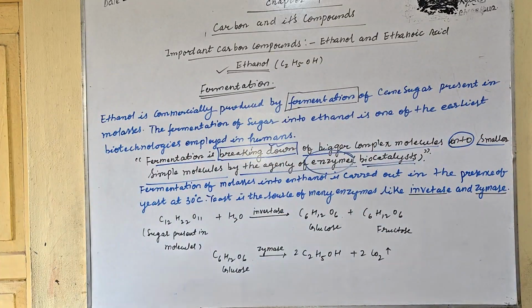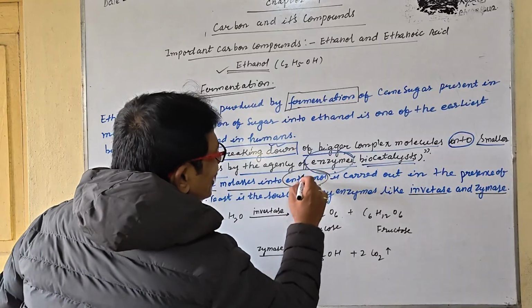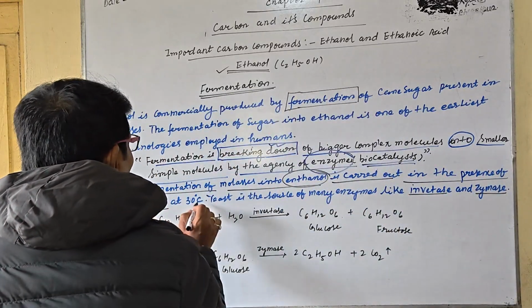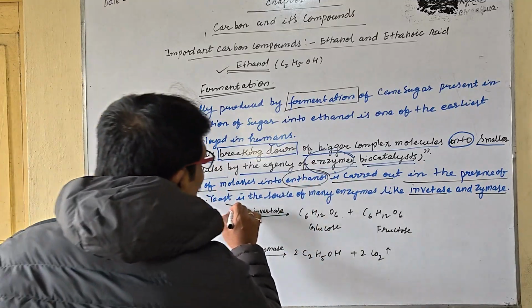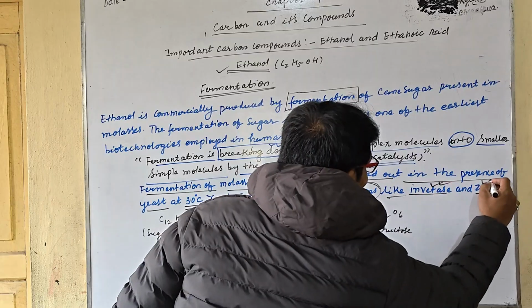Fermentation of molasses into ethanol is carried out in the presence of yeast at 30 degrees centigrade. Why in the presence of yeast? Because yeast is the source of many enzymes like invertase and zymase.